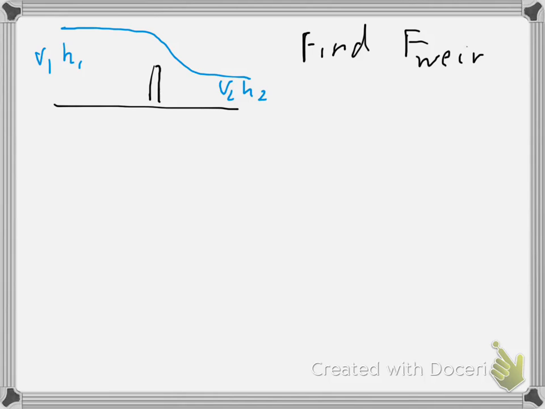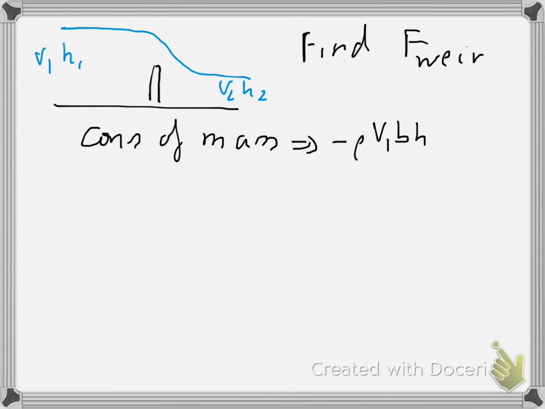So, what we know from the sketch is V1, H1 and V2, H2. From conservation of mass, assuming that the flow is steady, incompressible, all the usual assumptions, conservation of mass gives us minus rho V1 B H1 plus rho V2 B H2 is equal to 0.